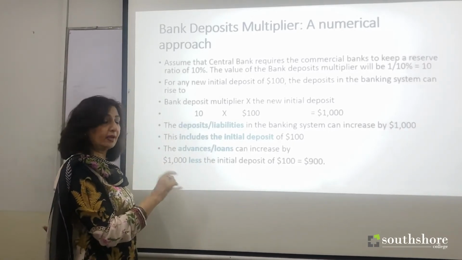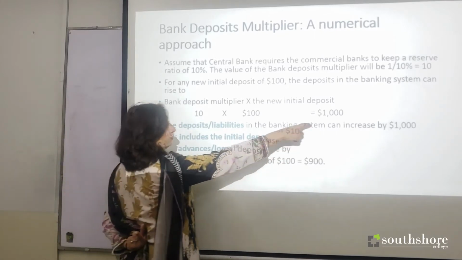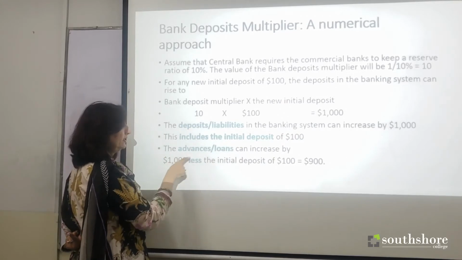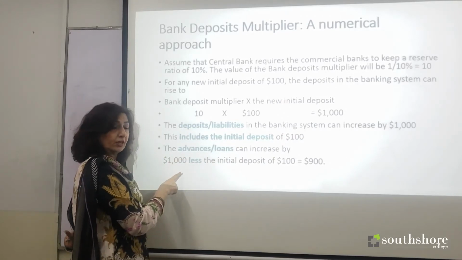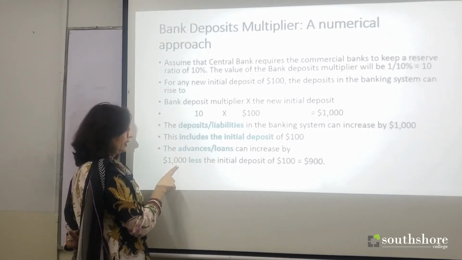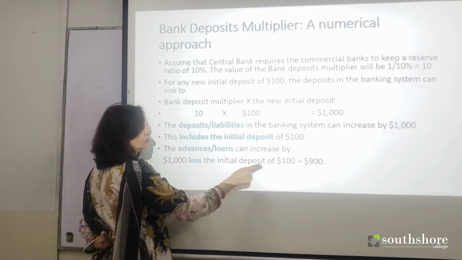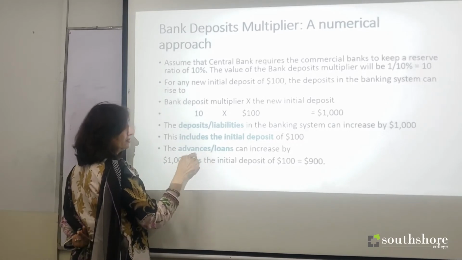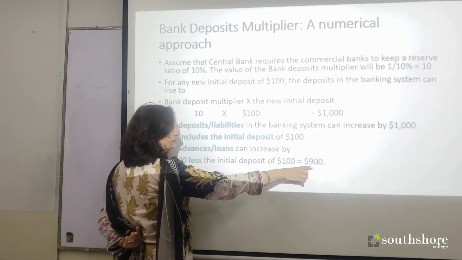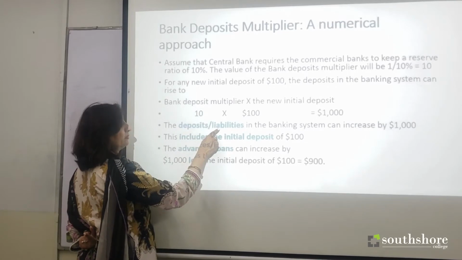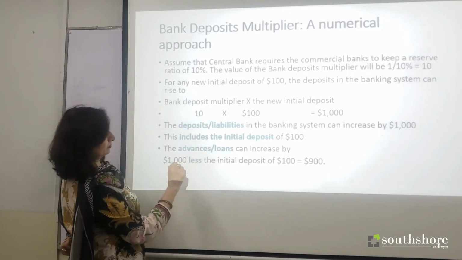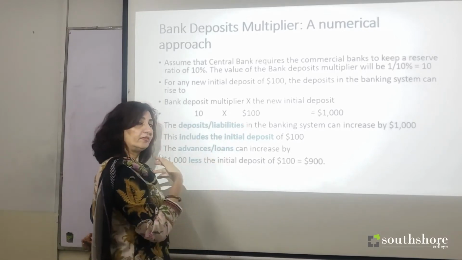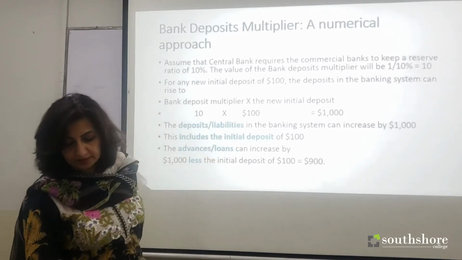So we have to subtract that. Whatever value we get as the increase in deposits, from that we subtract the initial deposit which started this whole chain, so it's going to be 1,000 minus the initial deposit of $100. So essentially students, loans or advances will increase by $900 and deposits and liabilities will increase by $1,000 because they include the initial deposit. We will now go on and do this as a numerical example.